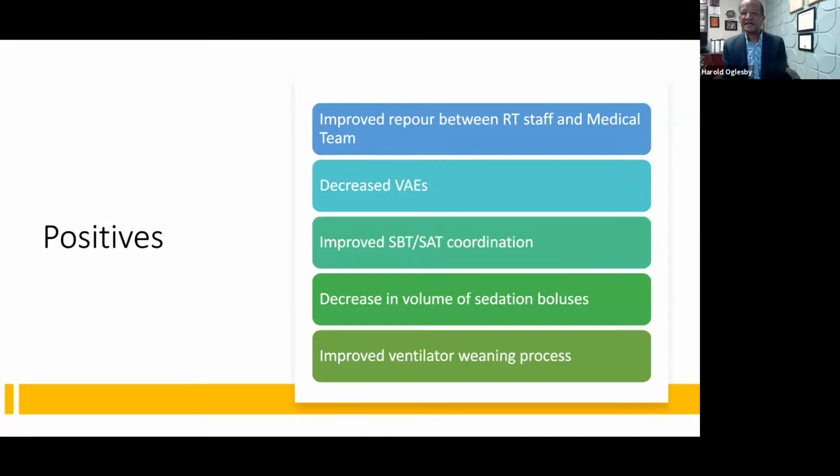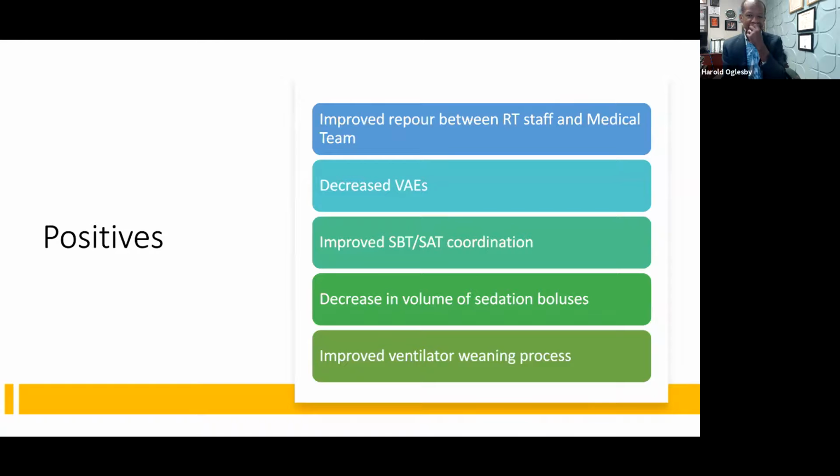The positives again for us were improved rapport between the respiratory staff and the medical staff, the decrease in the VAEs, the significant improvement in our spontaneous breathing trials and spontaneous awakening trials, decreased use of sedation boluses, and improvement in our overall weaning process.